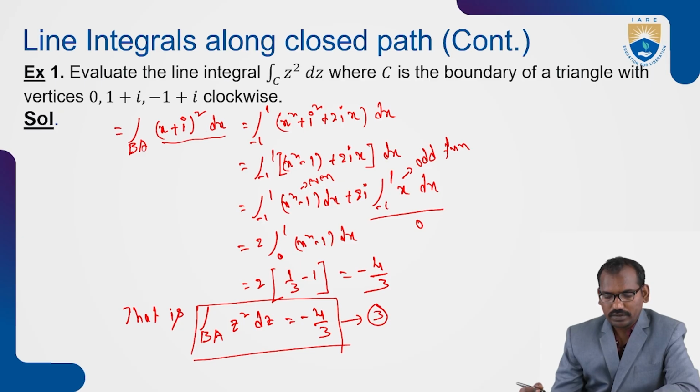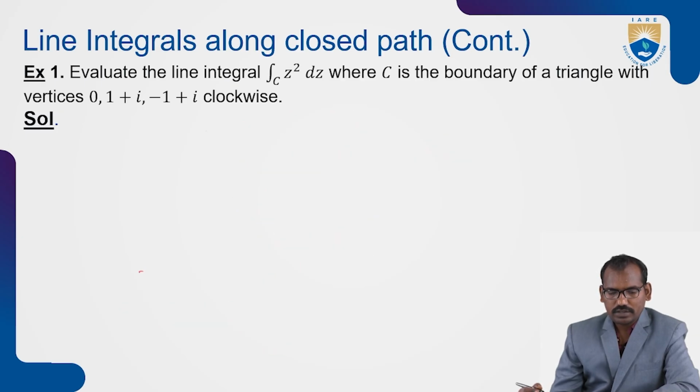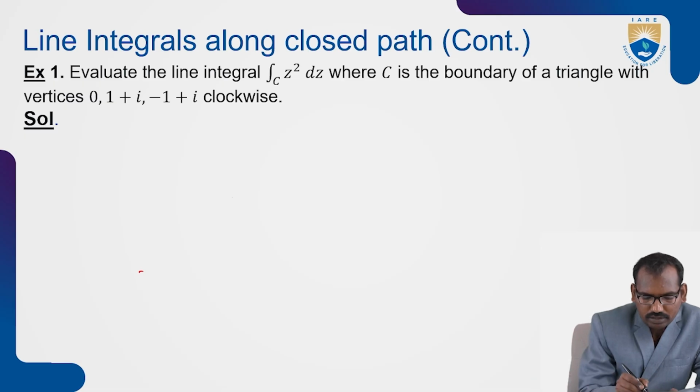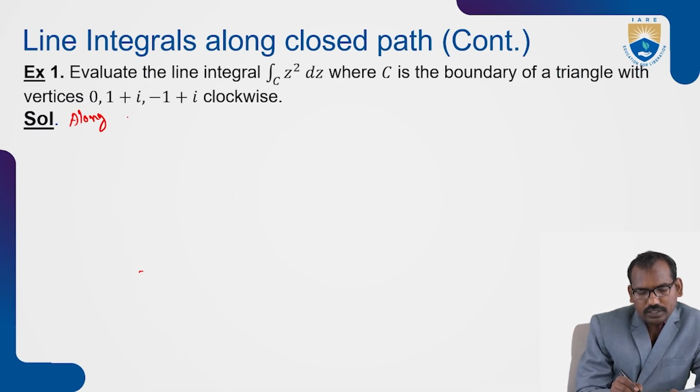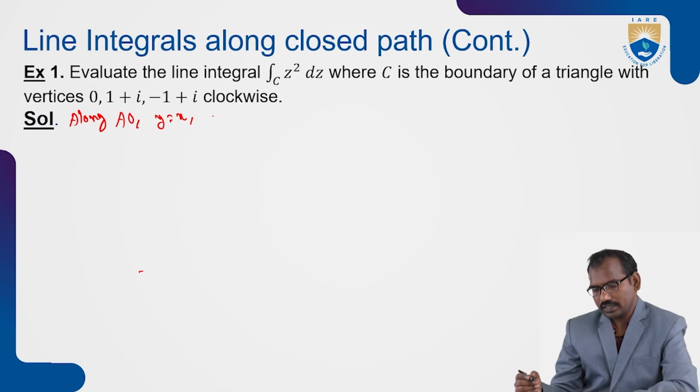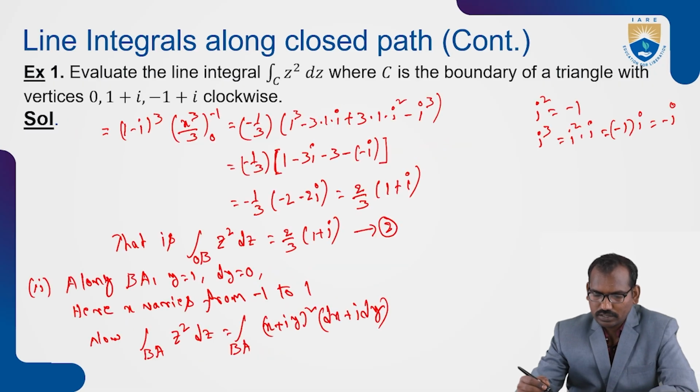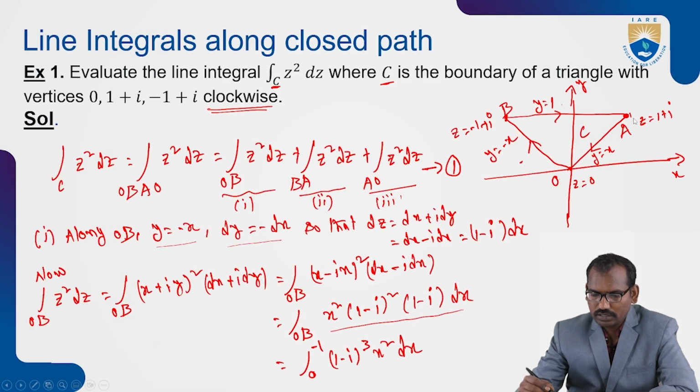Now we will evaluate along AO. Along AO, what is y? y is x only. Next, you can see here, along AO, y is x only.